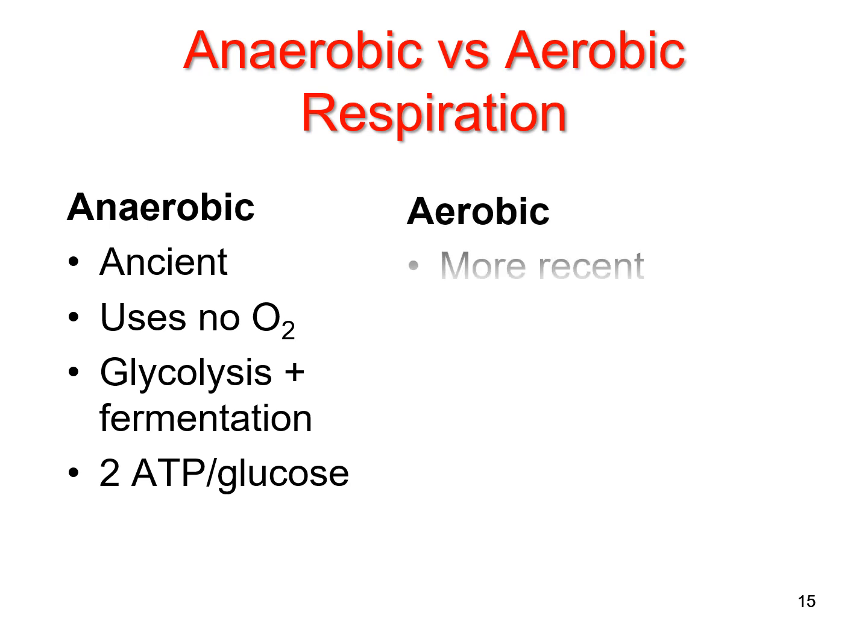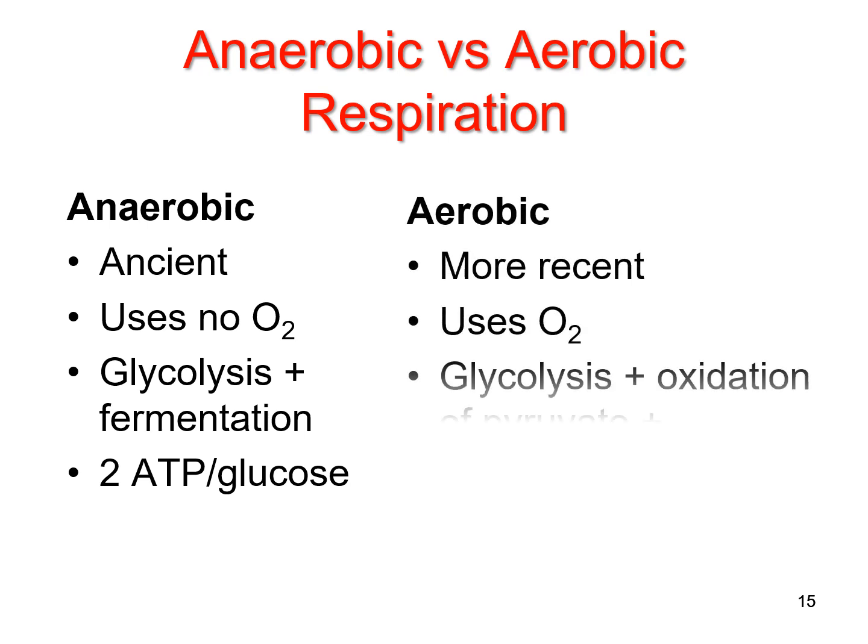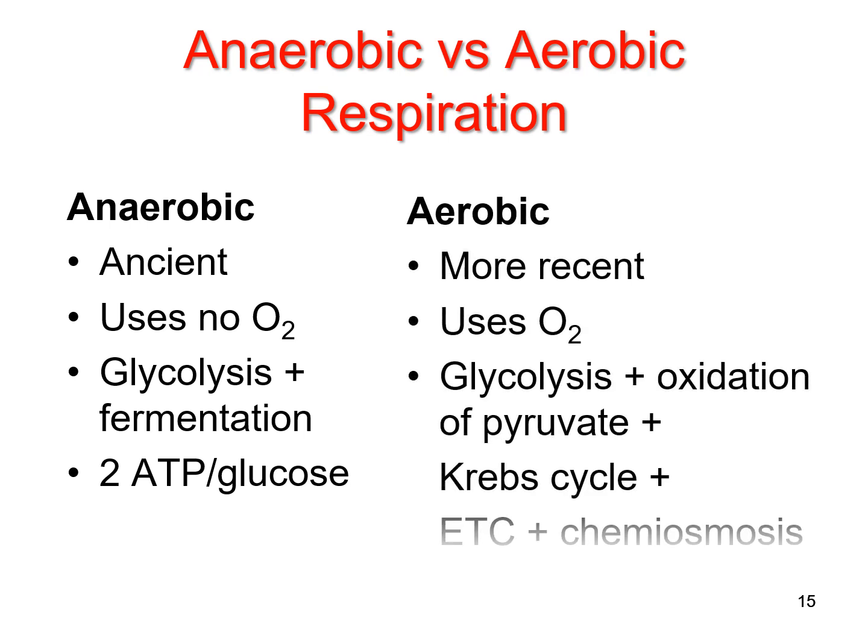Aerobic respiration, on the other hand, consists of glycolysis, the oxidation of pyruvate, the Krebs cycle, the electron transport chain, and chemiosmosis. The final electron acceptor in the electron transport chain is oxygen gas. The proton gradient produced by the electron transport chain is used to produce a whole lot more ATP.